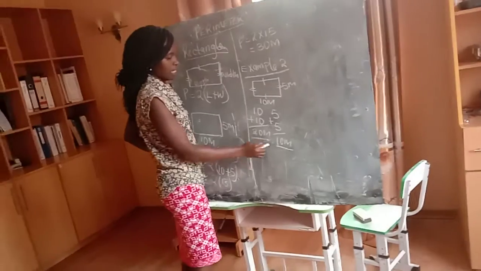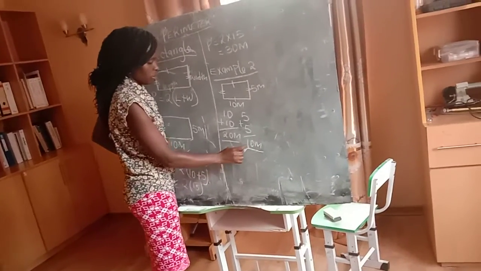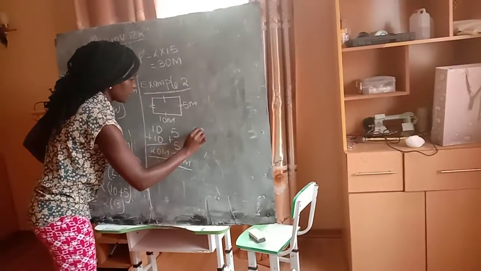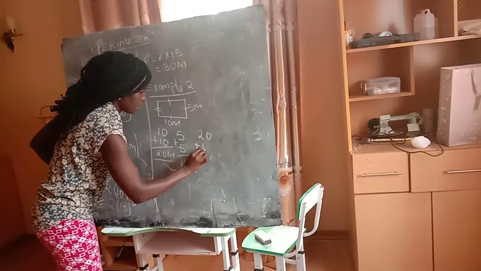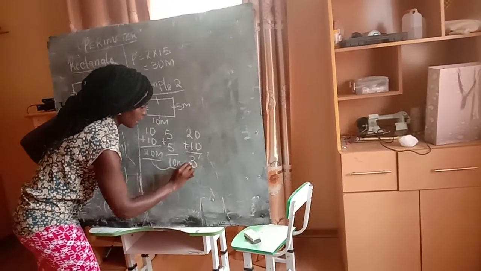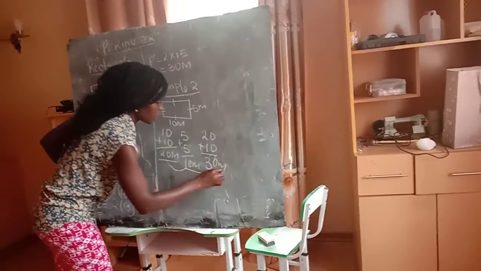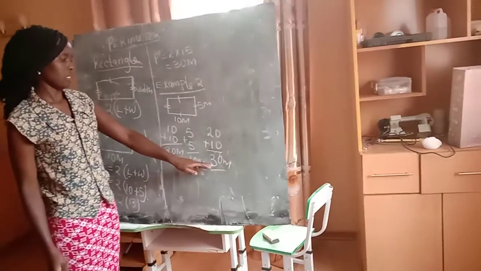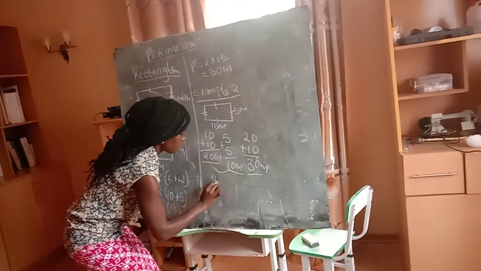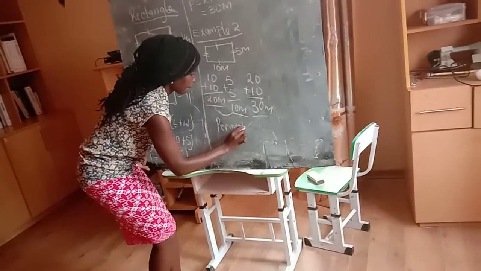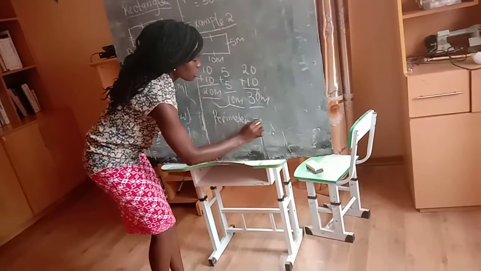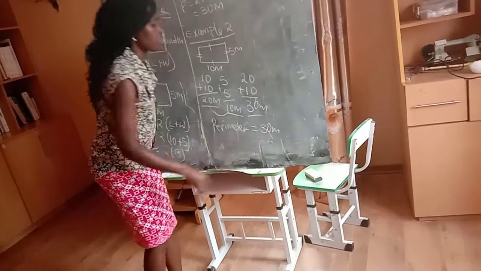After you have gotten 10 meters, now you add the 2. You get 20 plus 10, you get 30 meters. Now, this 30 meters, so our perimeter is going to be 30 meters.